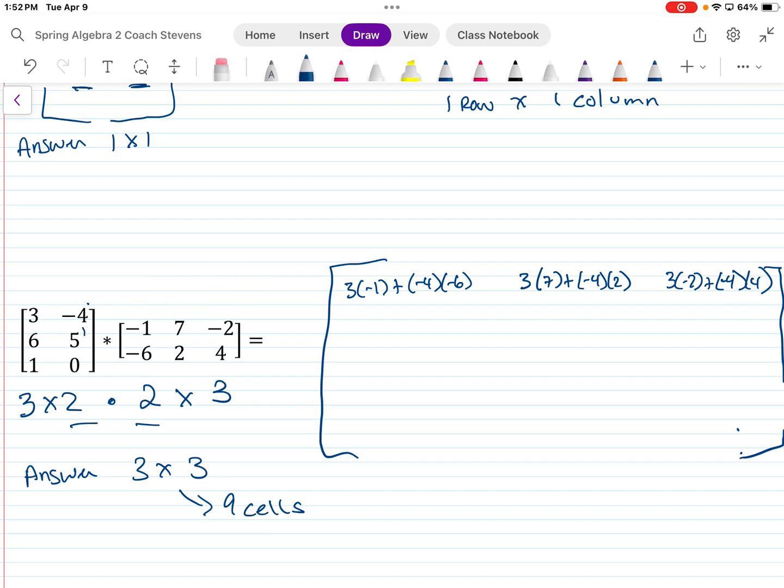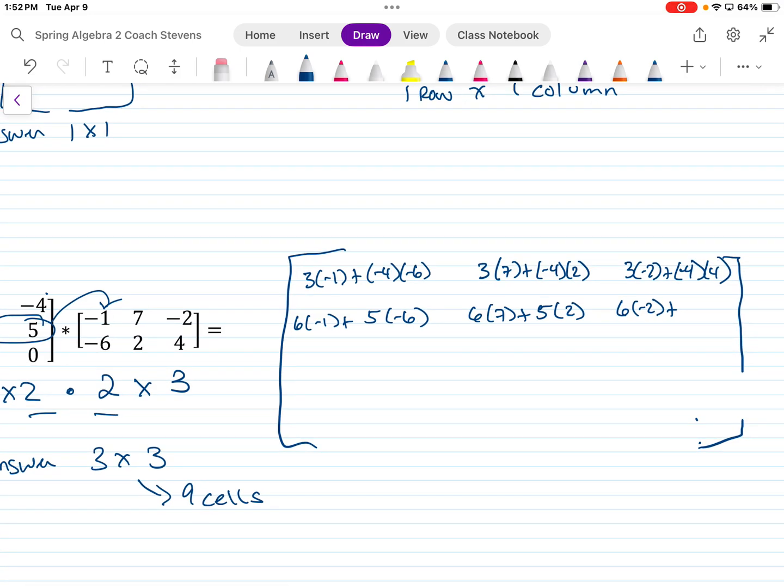All right, so now I take the middle row and do the same thing. 6 times -1 plus 5 times -6. Then it would be 6 times 7 plus 5 times 2. Then it would be 6 times -2 plus 5 times 4.